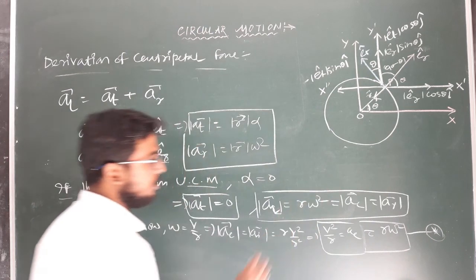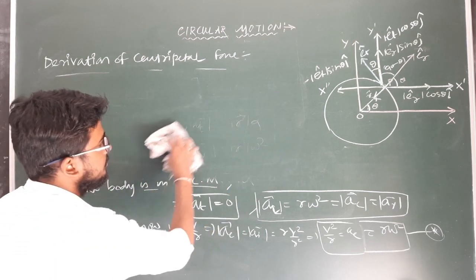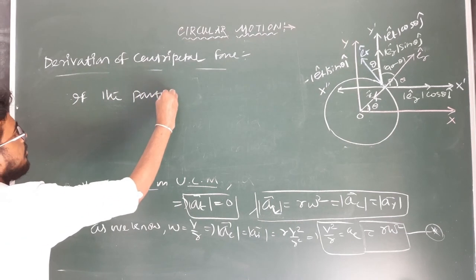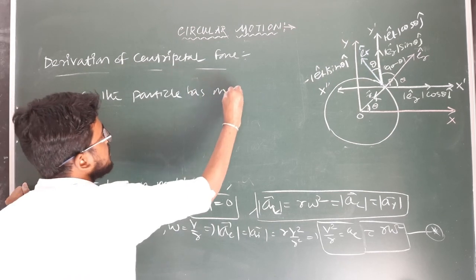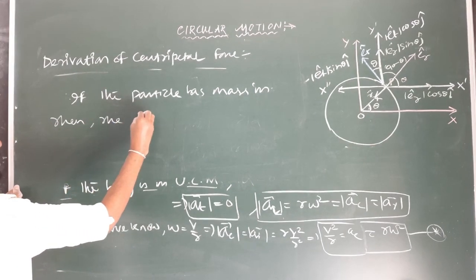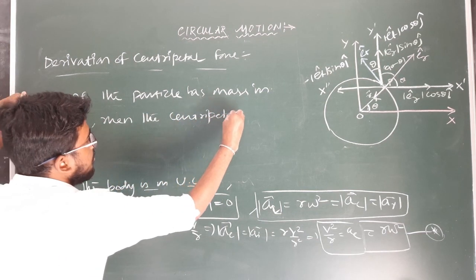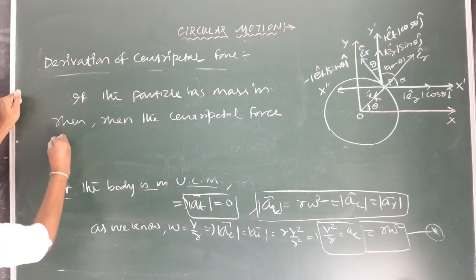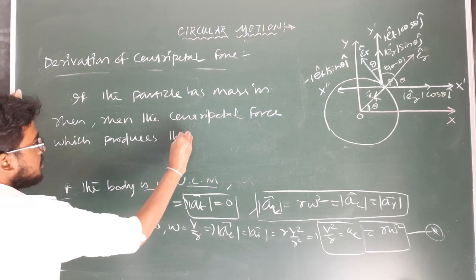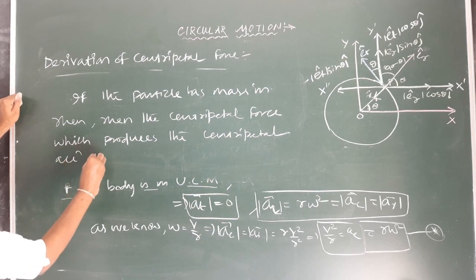So this is the expression for the centripetal acceleration. So if the particle has mass m, then the centripetal force which produces the centripetal acceleration is how much?